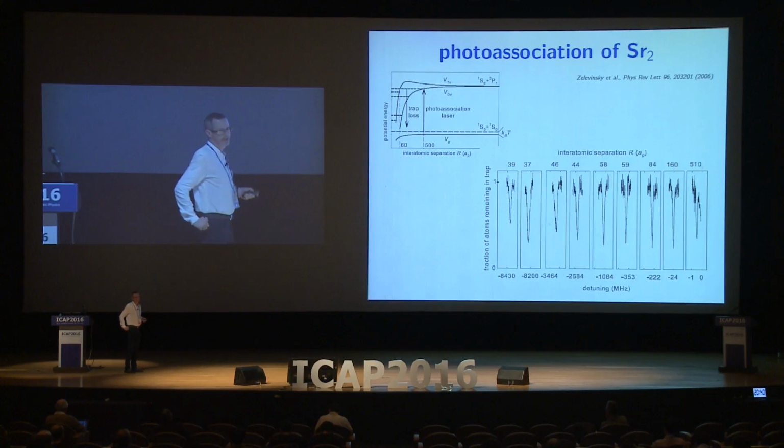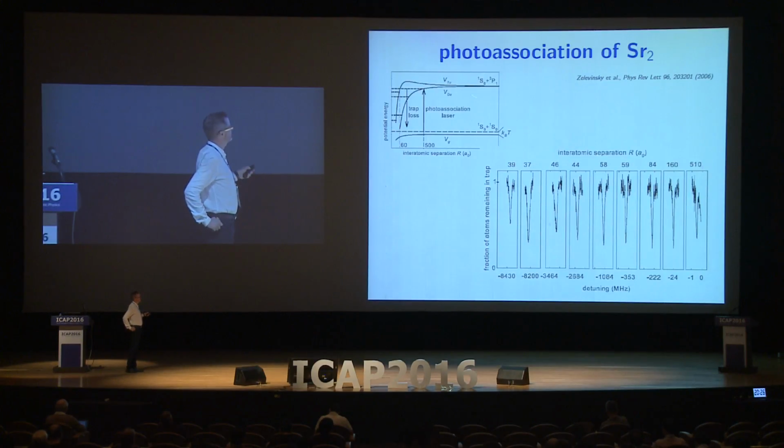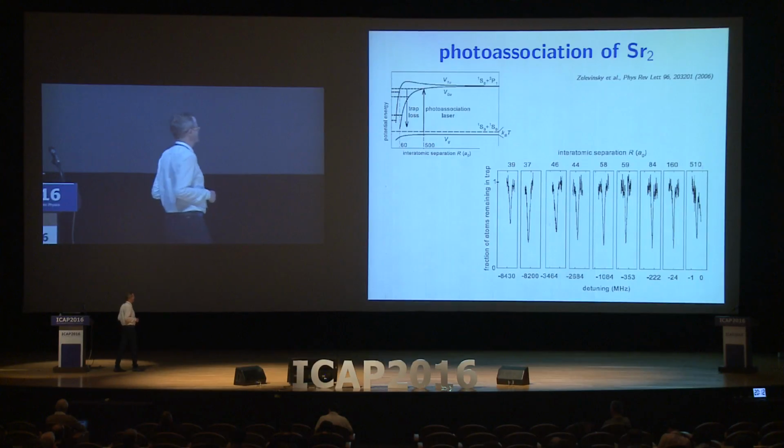This one was much more clever because she photoassociated two singlet S atoms to the intercombination line, which means she looked at a spin-forbidden transition. This resulted in bound molecules which had lifetimes of the order of microseconds instead of nanoseconds in the case of pure singlet or triplet transitions.